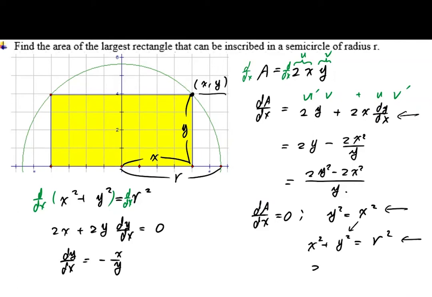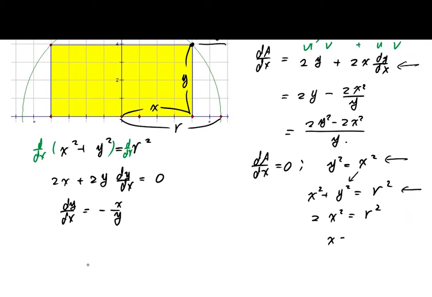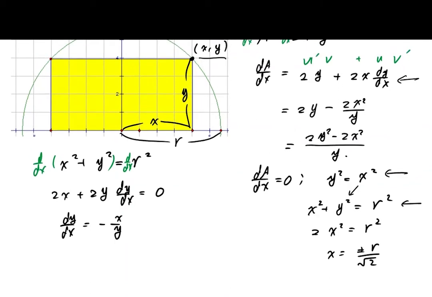So we have 2x squared is equal to r squared. And that tells you x is equal to plus or minus r over square root 2. But then plus or minus would be that side, so it's the same thing. So let's just keep plus.